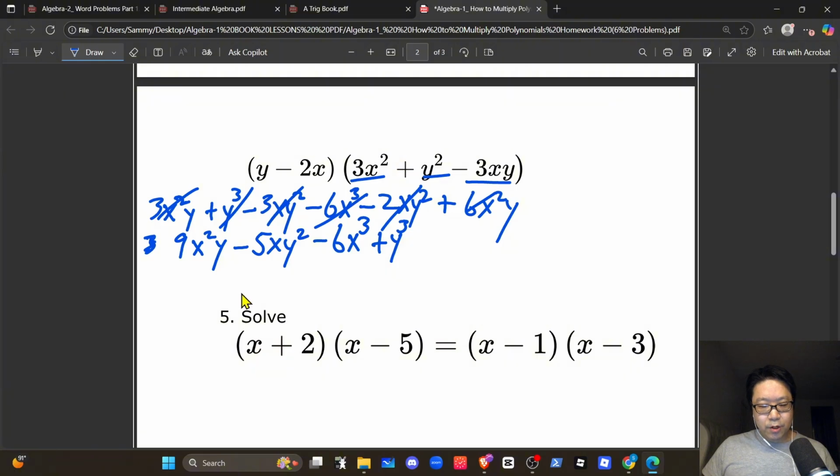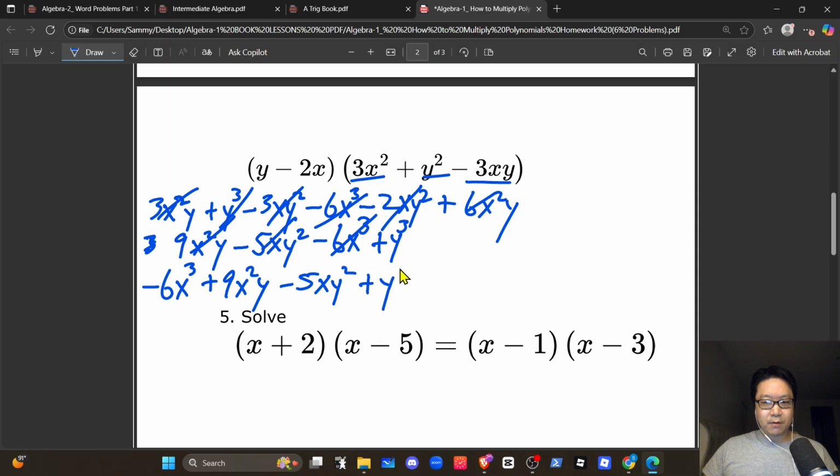And your teachers, a lot of times, are going to want you to write your answer in decreasing order of one of the variables. So I'm going to pick x since x comes before y. Let's see. So -6x cubed would be our first, and then positive 9x squared y, and negative 5xy squared, and then finally we have the positive y cubed.